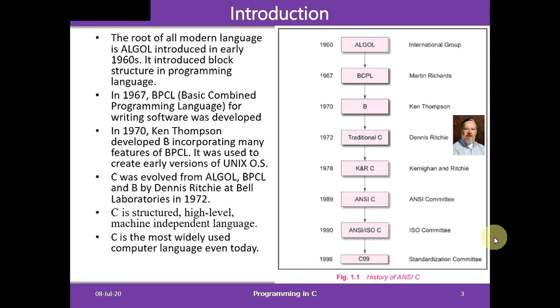The ANSI committee also developed another version of C. All these variations of C didn't have any interlink, so the programmers had difficulties. So ISO, the standards committee, developed their own version, ANSI ISO C, in 1990, and after that the standardization committee developed a new version of C known as C99. In this session we'll see what C99 is.